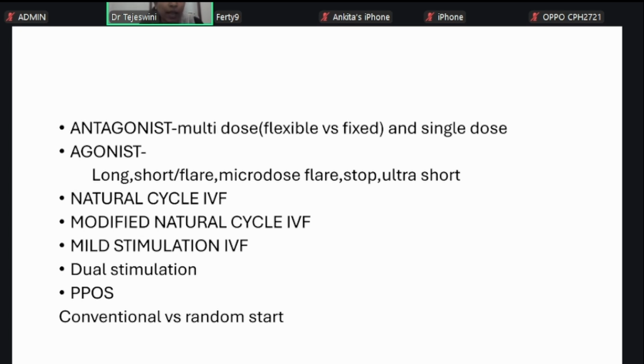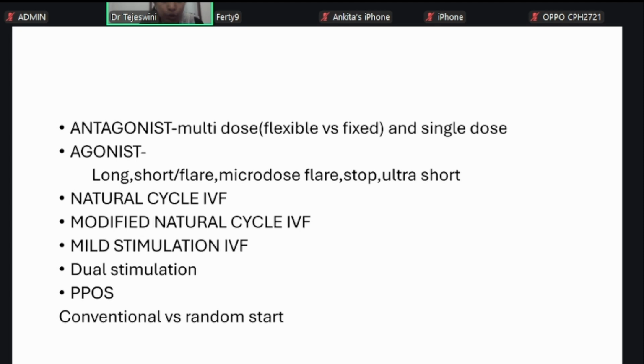So in long agonist protocol, we will start daily injection of agonist, especially in those with regular cycles. We start from the day 21 of the previous cycle, 1 mg of leuprolide, which is continued till cycle day 1. And on cycle day 1, based on the scan, gonadotropins are started from day 2 of the cycle and the dose of the agonist is halved, which is continued till the trigger.